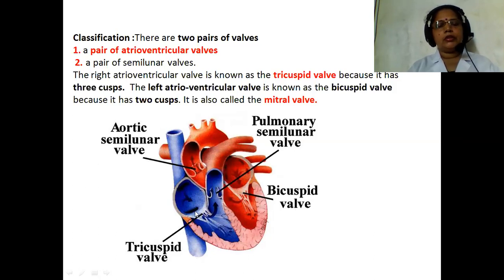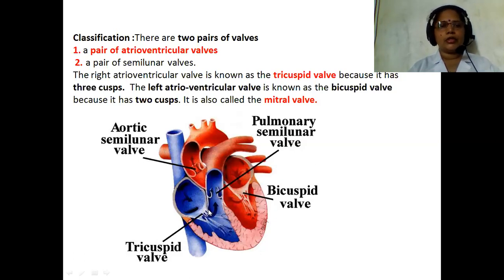First, we should know why it is called the atrioventricular valve. The atrioventricular valves are present between the atrium and the ventricle. See, this is the right atrium, this is the right ventricle, this is the left ventricle, and this is the left atrium. The valve between the atrium and ventricle is called the atrioventricular valve.